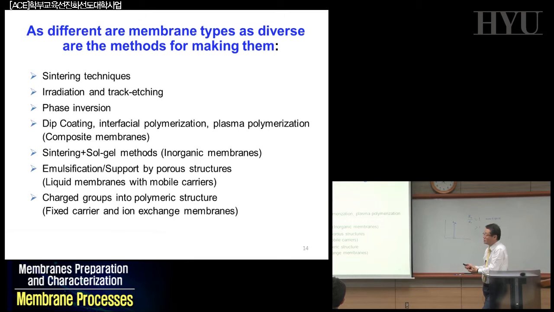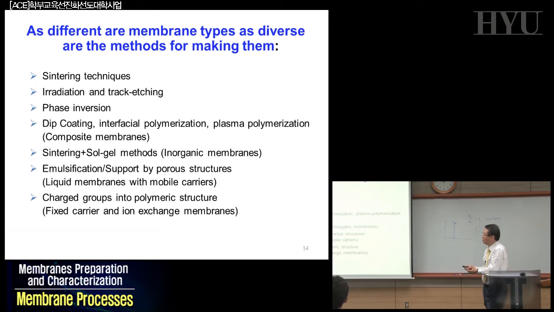We can make a plasma polymerization on top of the support layer. We can make a hollow fiber by a phase inversion called the NIPS, okay, NIPS process, non-solvent induced phase separation, or TIPS process, temperature induced phase separation, or vapor induced phase separation, and so on.